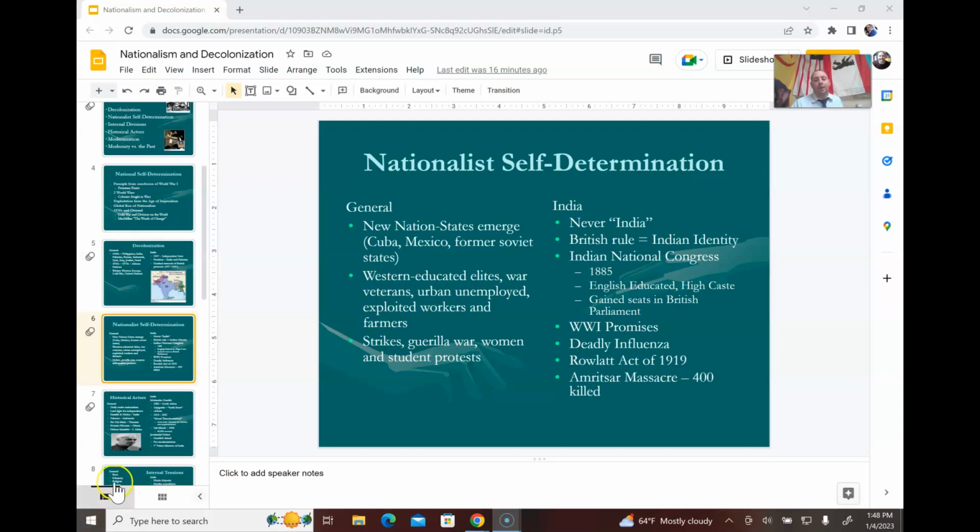And as I said a moment ago, World War I helps to influence this. You have massacres that occur, like the Amritsar massacre. You have acts like the Rowlatt Act that inspire more disappointment, right, as there is a growing feeling of not being listened to among the people of India.